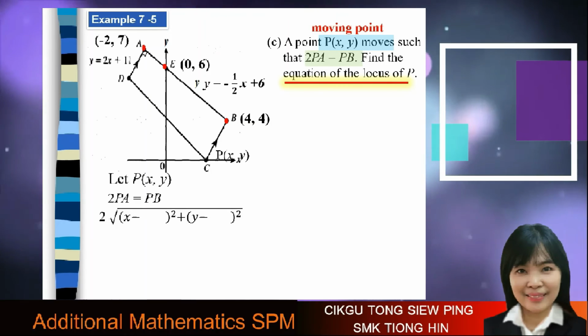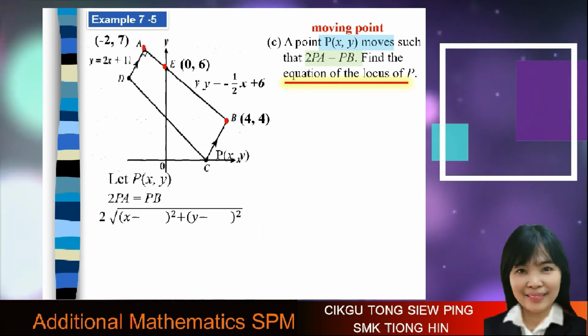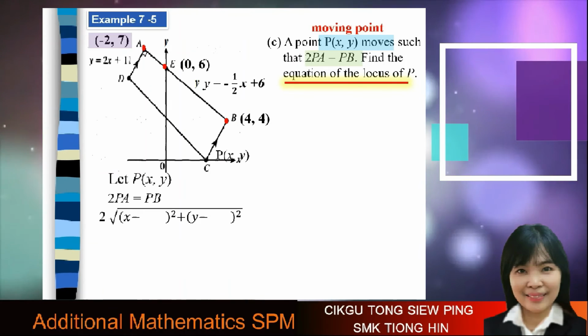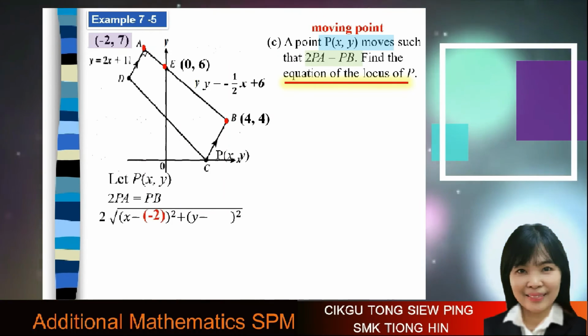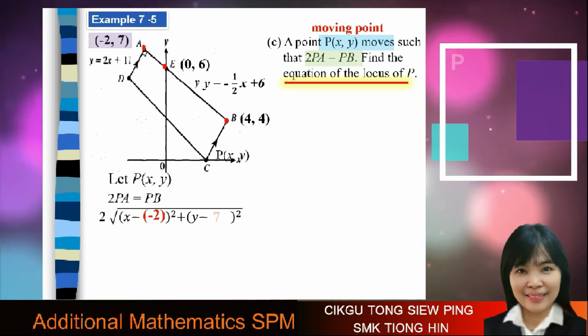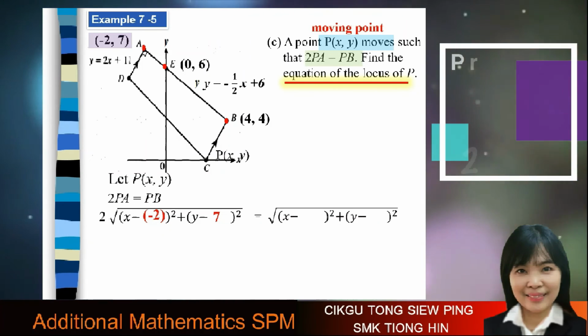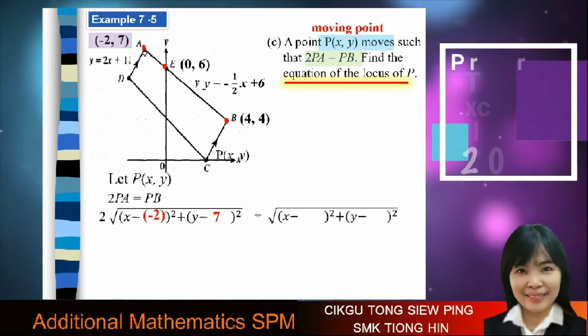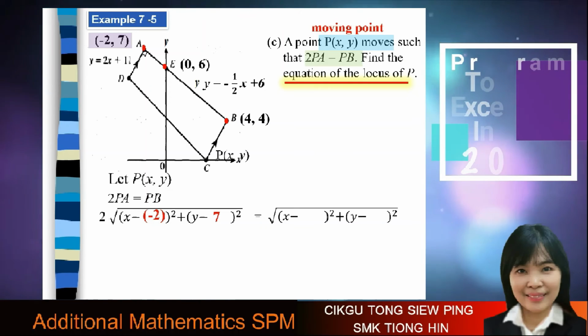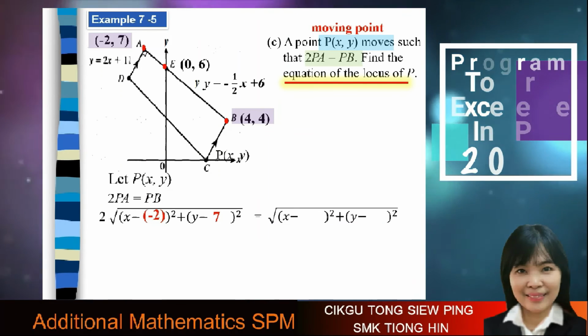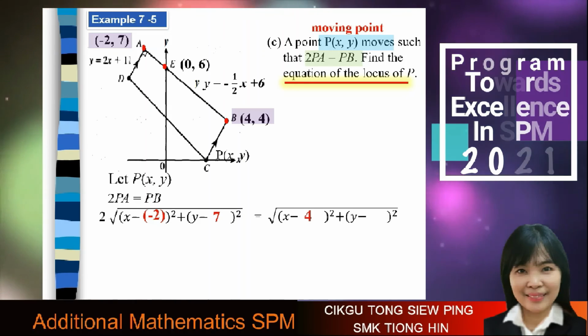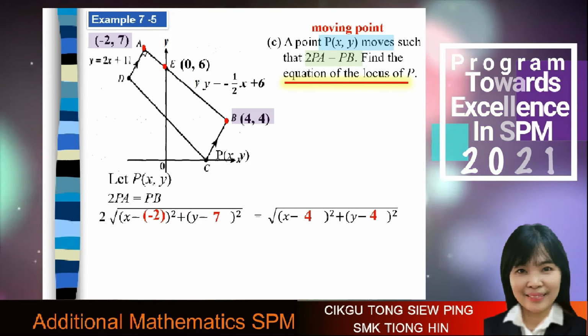Substitute the coordinate of A, that is x value of -2 and y value of 7 into the formula here. To the right hand side, we'll do the same thing. We substitute the coordinates of B, that is x value of 4 and y value of 4 into the formula.